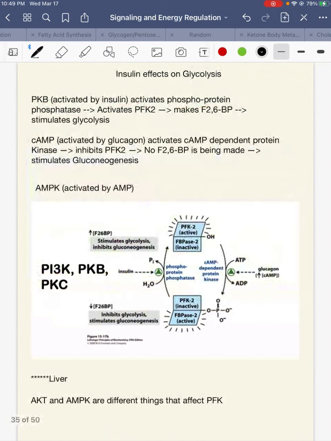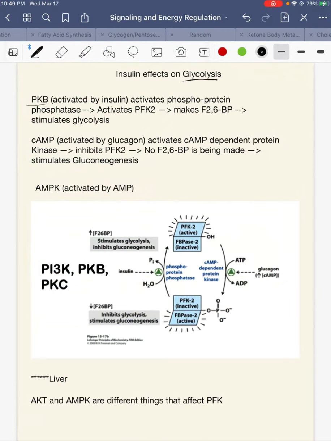Okay, so let's talk about insulin's effect on glycolysis. So remember, insulin means high blood glucose levels, so we probably want to stimulate glycolysis because we have a lot of glucose stored in the blood. So we want to use that glucose somehow, so the cell can use glycolysis to get rid of it and make energy for the cell.